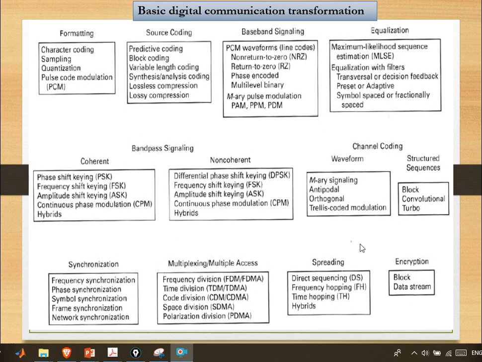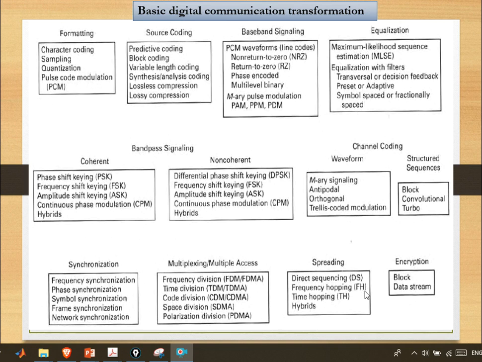We have, after that, spreading. We have direct sequence spreading, frequency hopping spreading, time hopping, and hybrids of these. For example, Wi-Fi uses direct sequence spread spectrum, and GSM also uses some of these. 3G uses direct sequence spreading.